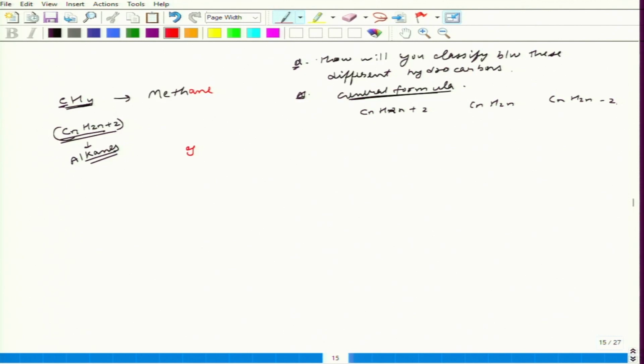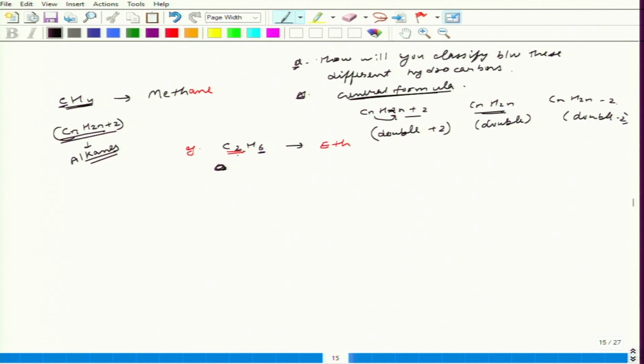Let's take a second example, C2H6. There are two carbons, and two carbons means eth. Now, what will be the general formula? See how we can distinguish: in alkanes it's double plus 2, in alkenes it's double of carbon, and in alkynes it's double minus 2.